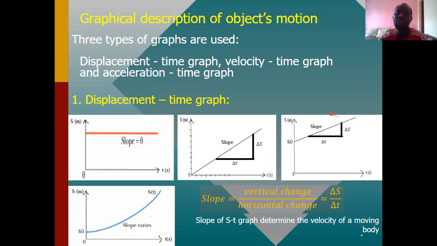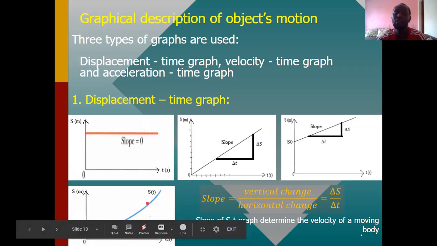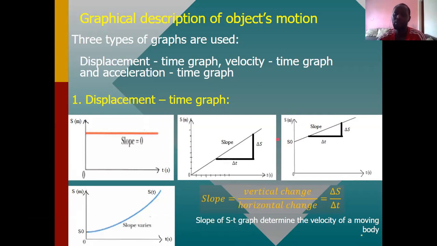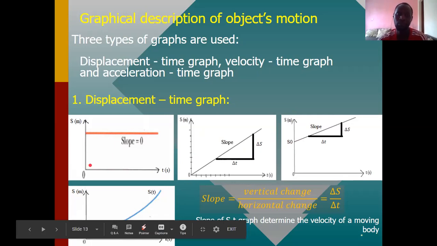So for the first, second, and third cases, the velocity is constant because we have a straight line. But for the last case, the velocity is not constant because we have a curve. You can see it on the vertical axis. It means that the positions are changing, but not at the same rate.